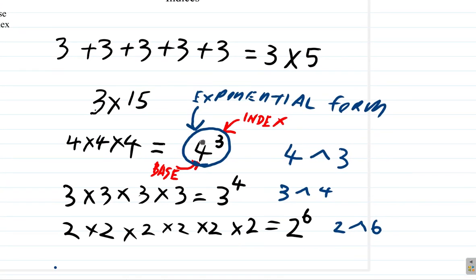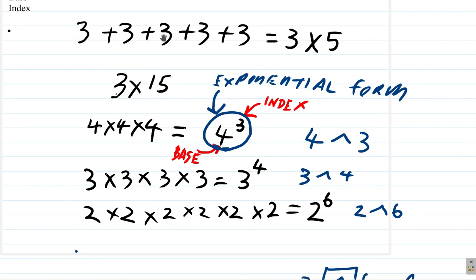So here we say with repeated addition, we shorten it by saying the number that repeats itself multiplied by the number of times that it is there. 3 plus 3 plus 3 plus 3 plus 3. There is 3 repeating itself. There are 5 3s.